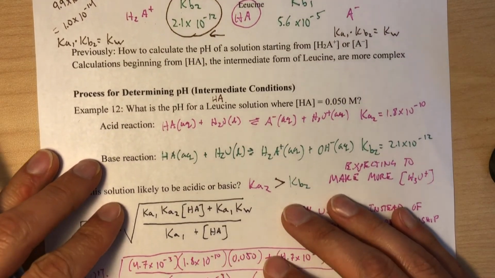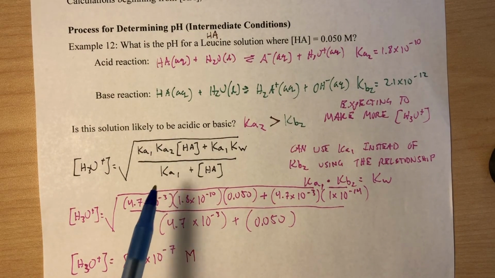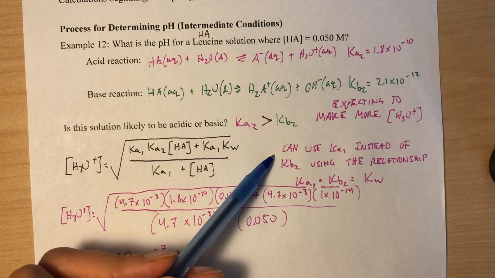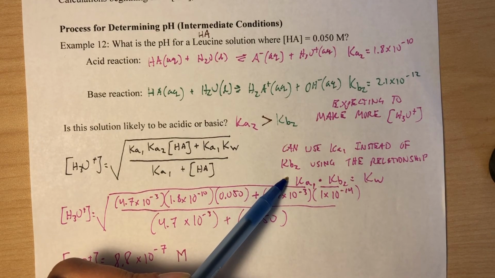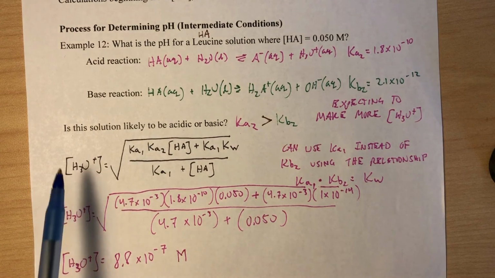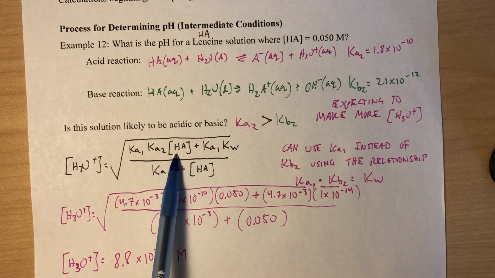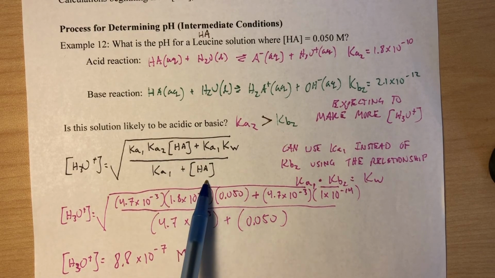So, using that relationship, everything in this expression can be written in terms of acid, and that is really useful mathematically. So, you can use Ka1 instead of Kb2 using the relationship Ka1 times Kb2 is equal to Kw. So, here we have the square root of Ka1 times Ka2 times the concentration of HA plus Ka1 times Kw, divided by a quantity Ka1 plus HA.